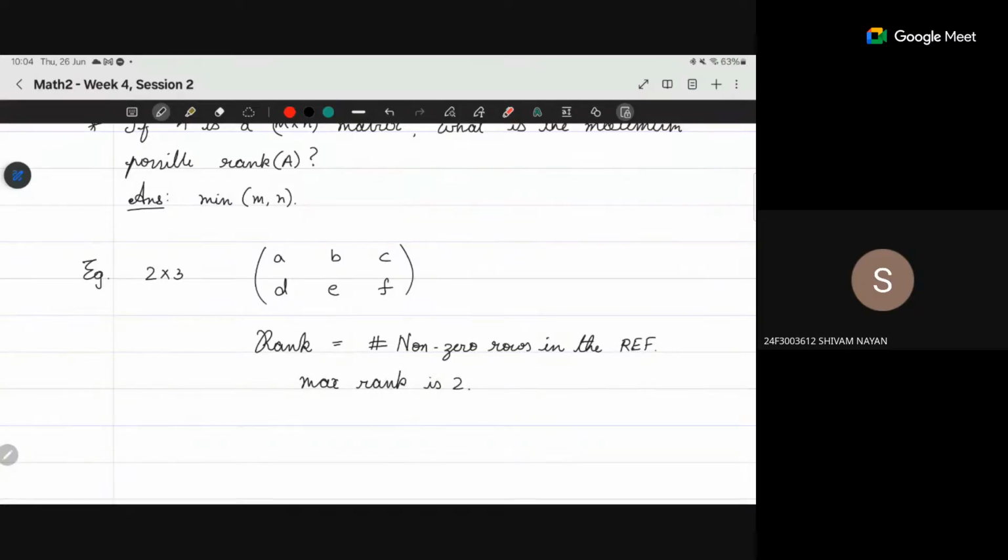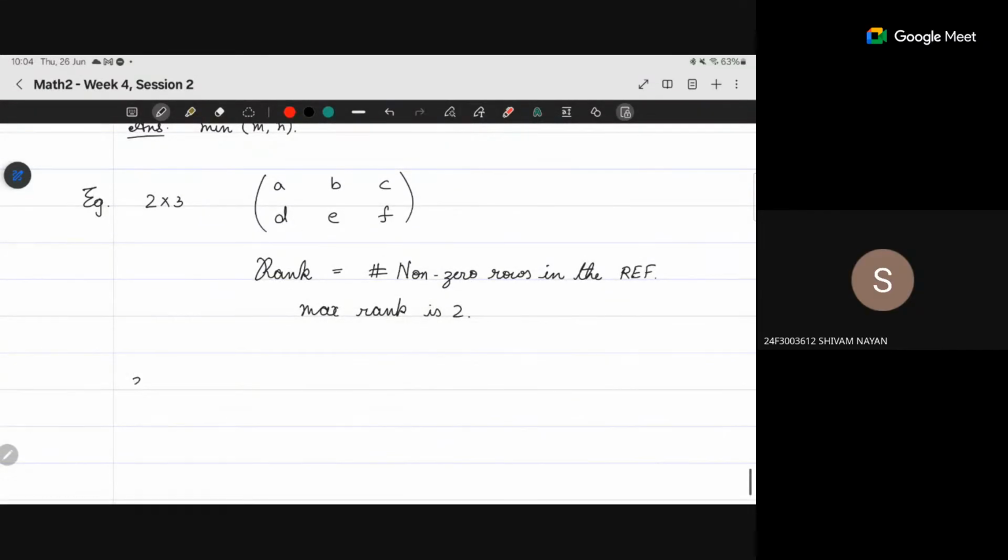is 2. But if you flip the thing around, 3 cross 2, and I have A, B, C, D, E, F. Once again, rank is the number of non-zero rows in the REF. But how many non-zero rows can be there? There are 3 rows. No, can there be 3 non-zero rows?